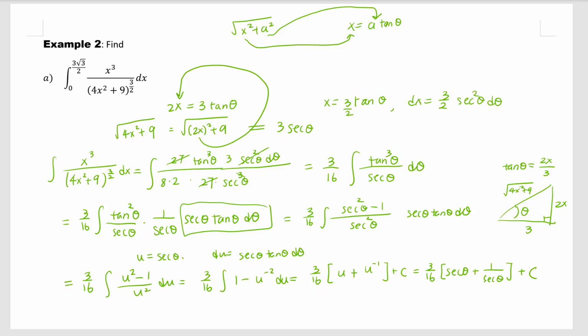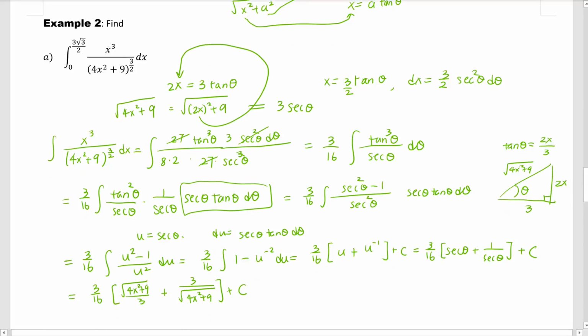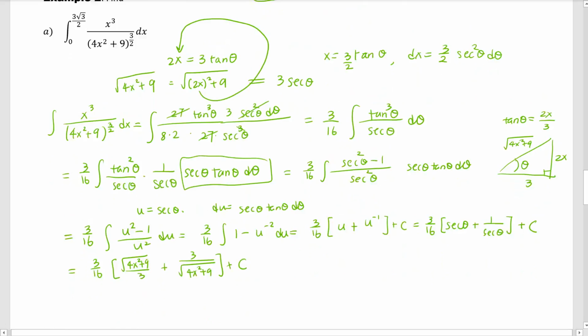Okay, so secant is 1 over cosine. So 3 over 16, 1 over cosine. So hypotenuse over adjacent. 1 over secant is cosine, so adjacent over hypotenuse. And plus C, right?